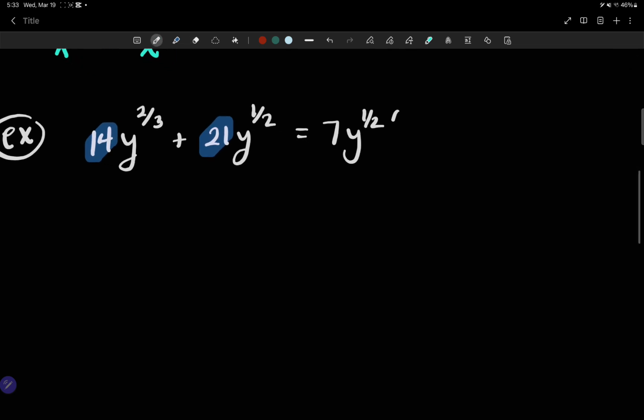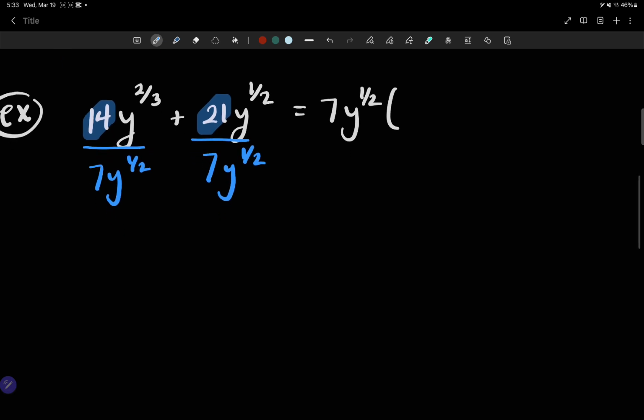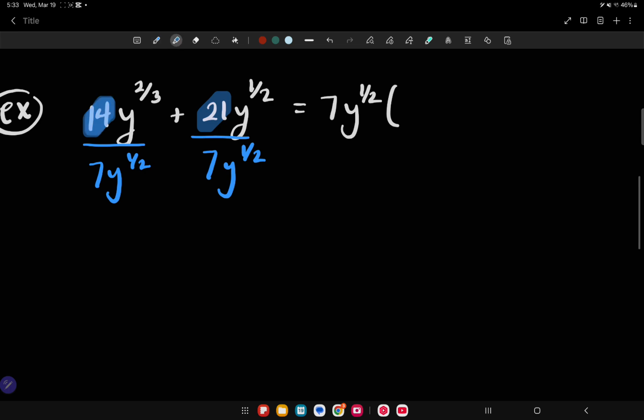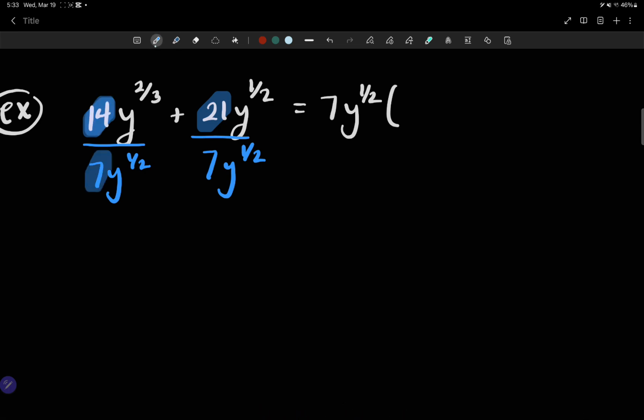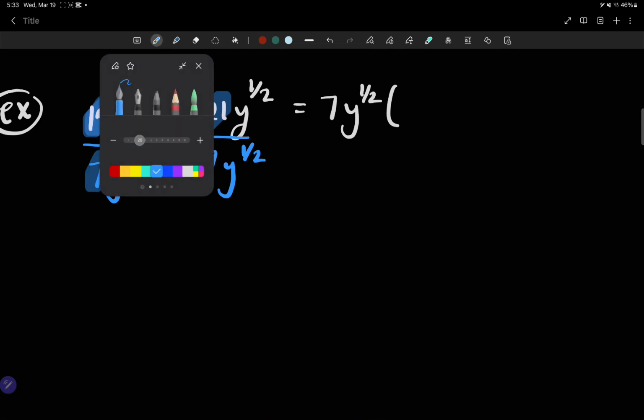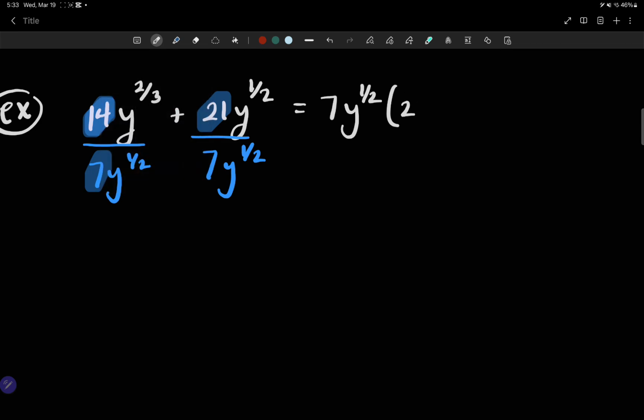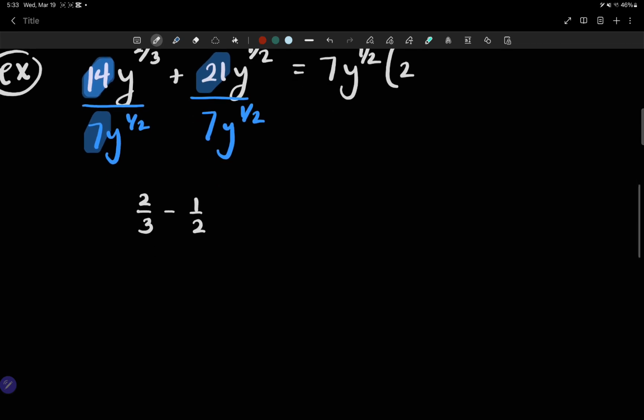And now I'm just going to do my scratch work. We're going to divide this thing by 7y to the 1/2, and divide this thing by 7y to the 1/2. So we have 14 divided by 7, which is just going to be a 2. And then we have 2/3. Now the exponents, I'm going to subtract them: 2/3 minus 1/2.